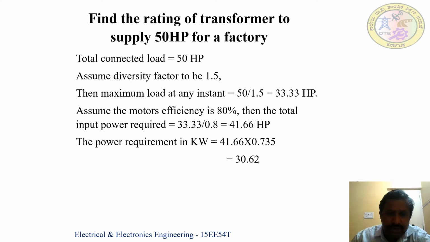So that means input power required equals motor output divided by the efficiency, that is 33.33 divided by 0.8, so that is 41.66 HP. So if we consider in kilowatt, we have to multiply this 41.66 by 0.735, that gives 30.62 in kilowatt.